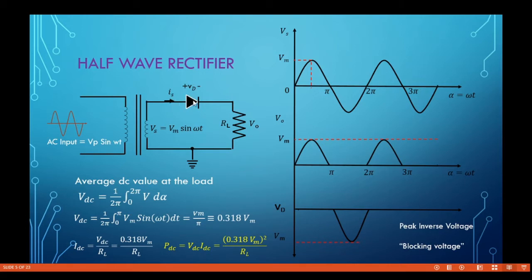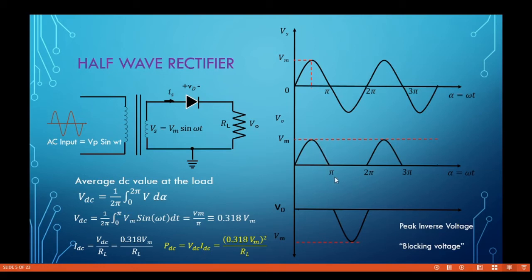The current Is will pass through it and produce the output voltage here. The resistance is very small in the forward bias region of the diode, so there is very little voltage drop, and nearly the maximum voltage Vm you will get at the output, at the load, from 0 to pi.